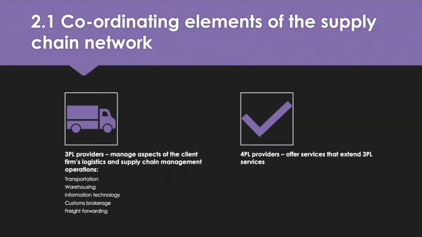It could be things like transport, warehousing, IT, customs brokerage, freight forwarding. And it's taken care of behind the scenes so that client firms can focus on business development, sales and marketing. They aim to improve synchronization and supply chain efficiency and cooperation.